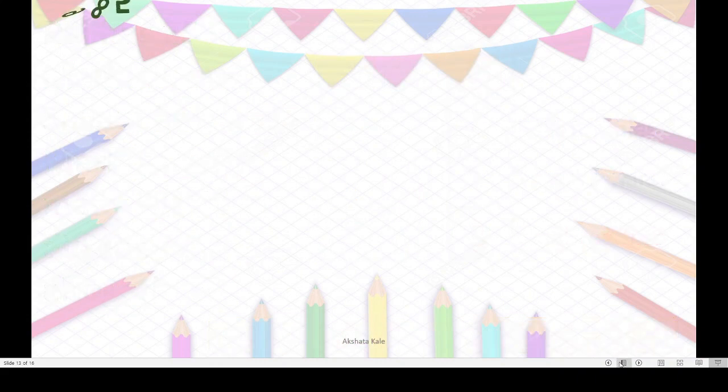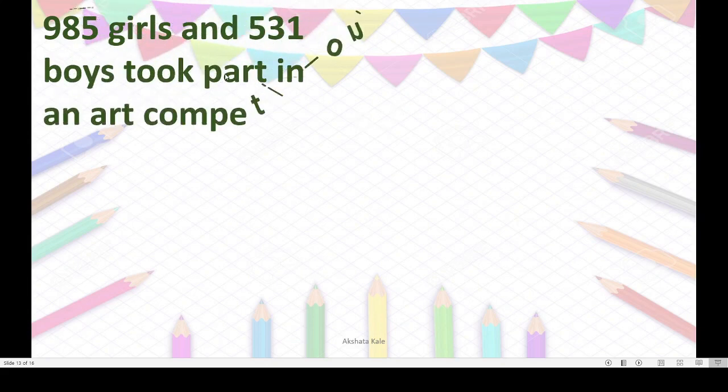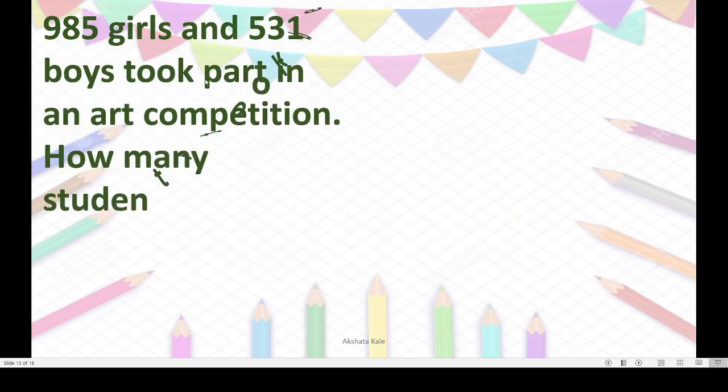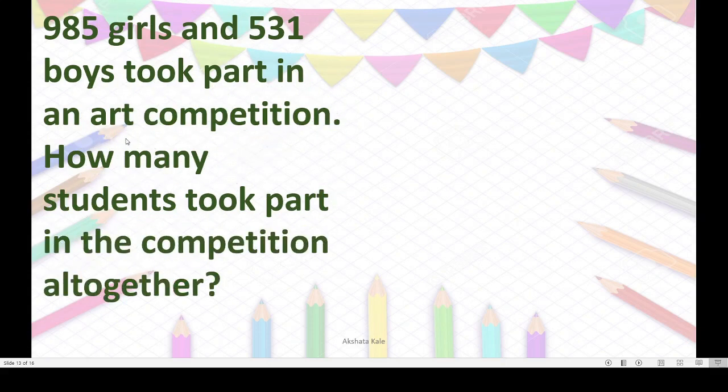Second sum. 985 girls and 531 boys took part in an art competition. How many students took part in the competition altogether? We will try to understand.